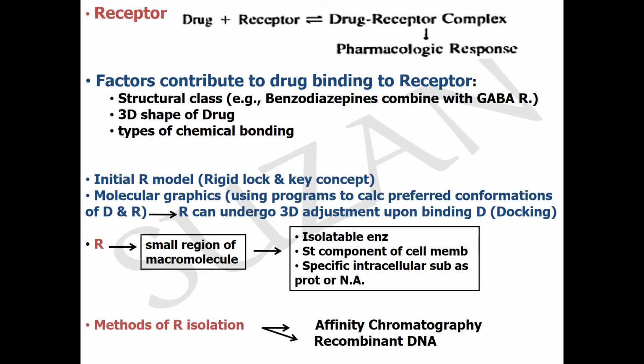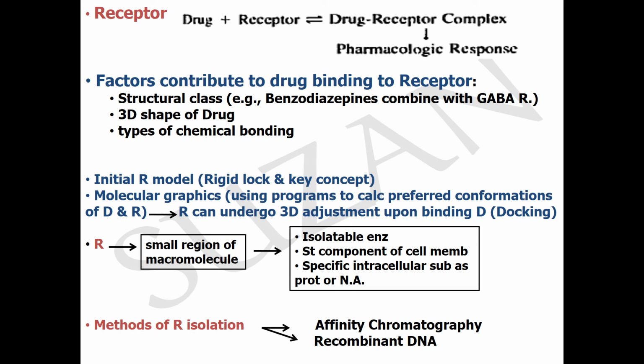It could be an isolable enzyme or a structural component of the cell membrane, or a specific intracellular substance such as a protein or nucleic acid. The drug usually binds to the receptor, and this will form an equilibrium of a drug-receptor complex. This will result in a pharmacological response.